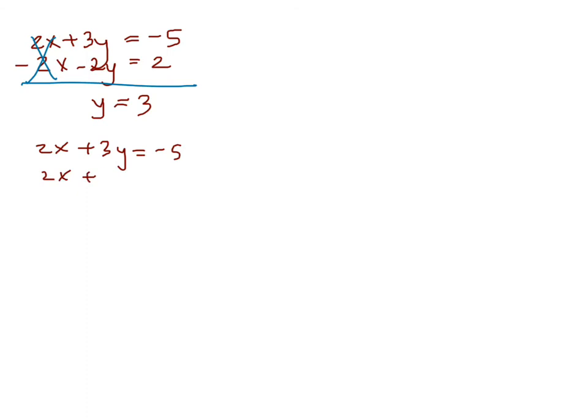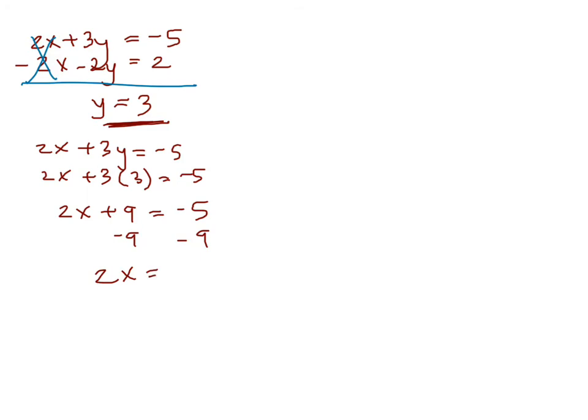I need to replace the y with a 3 because I just found out right here that y equals 3. 2x plus 9 equals negative 5. I subtract my 9 and find out 2x equals negative 14. And when I use the division property of equality, I find out that x equals negative 7. My x value is negative 7. My y value is 3.